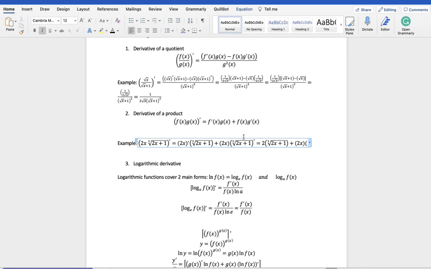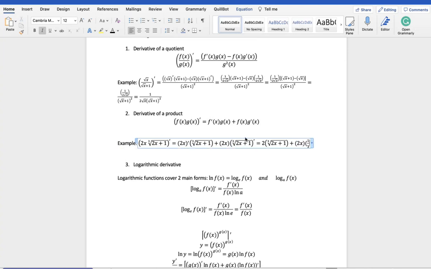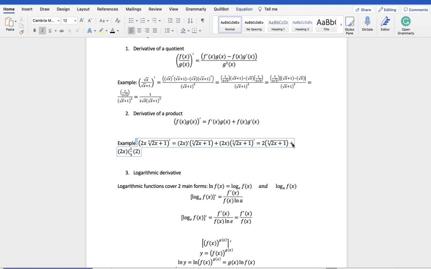And obviously, with the cubic roots here, you have the 1/3 that comes down first, multiplied by the derivative of the inside function, which is the derivative of 2x plus 1, which is just 2, right? So 1/3 times 2, multiplied by our original function, which is 2x plus 1, but now to the exponent of 1/3 minus 1, because remember, the cubic root is just 1/3 in the exponent.